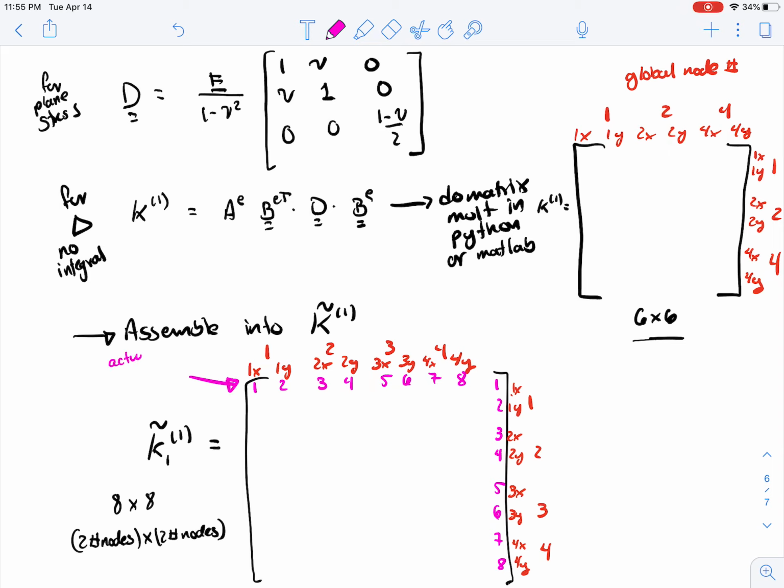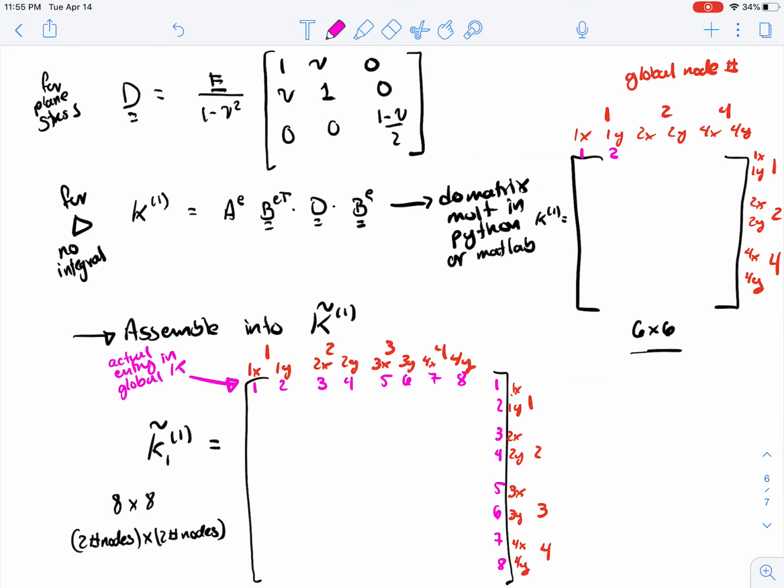So this, in red, is the global node number, but in this magenta color, that's the actual entry in the global stiffness matrix. So here I would put, for 1x and 1y, I would actually get 1 and 2.